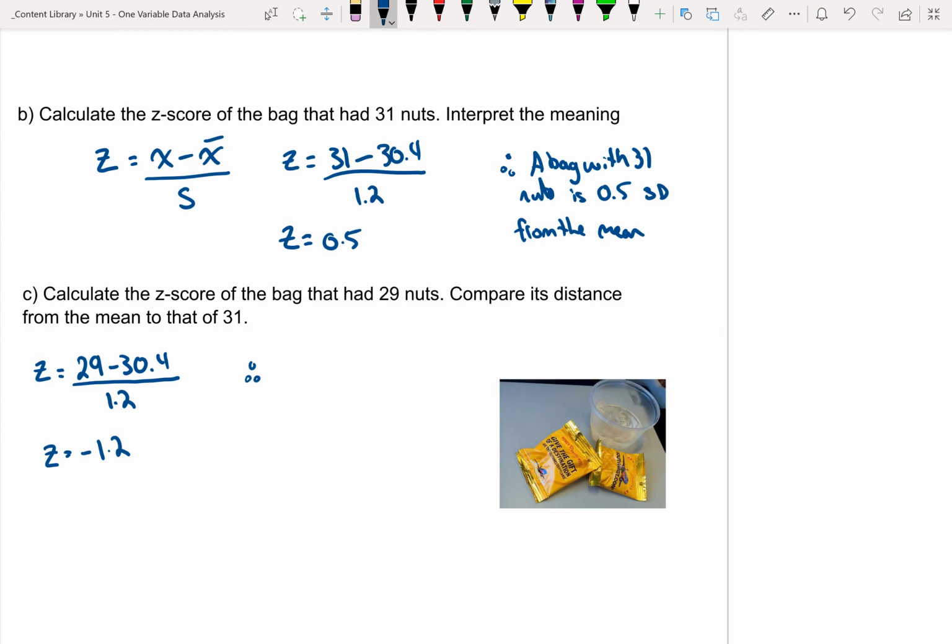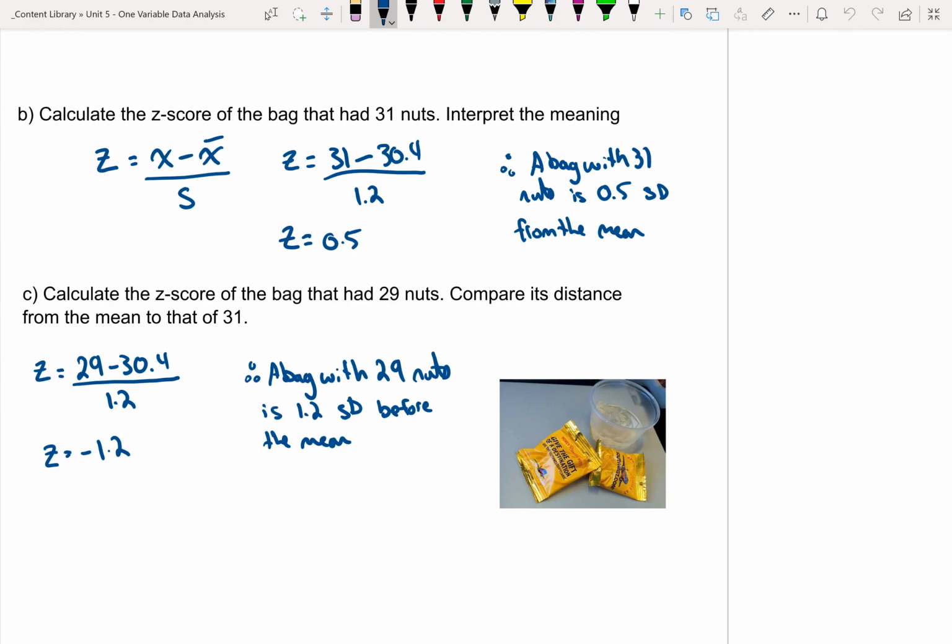So what this means is a bag with 29 nuts is 1.2 standard deviations before the mean. The negative doesn't mean that it's lower or anything. Basically what it means is that it's below the mean. Which makes sense because we know the mean is 30.4, so 29 is going to be lower, but we're looking not so much at the difference, we're looking at how far away from the mean it is.